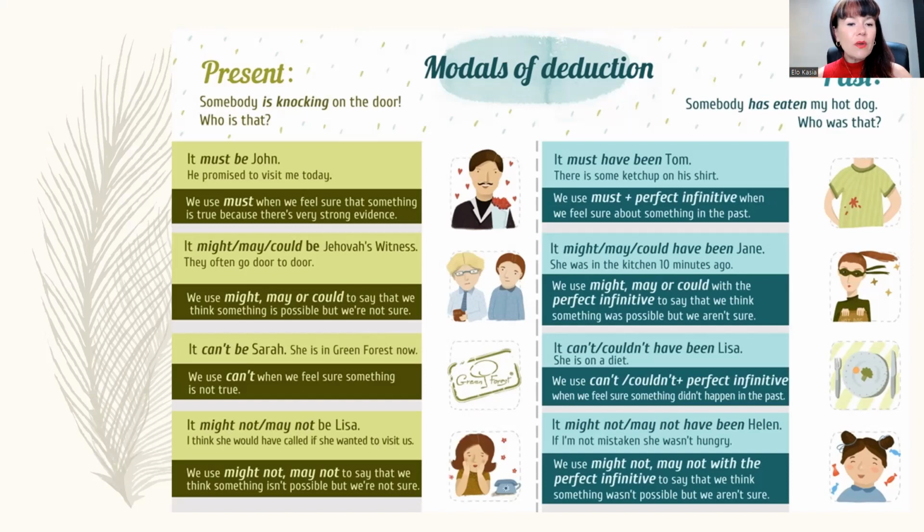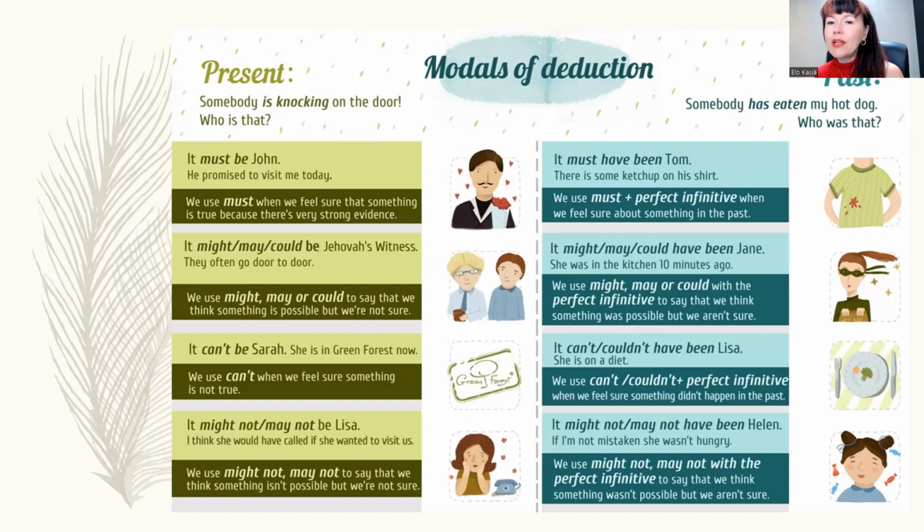We use can't when we feel sure something is not true. And the last one: it might not, may not be Lisa. I think she would have called if she wanted to visit us. We use might not, may not to say that we think something isn't possible, but we are not sure. These are the ones we use in the present.